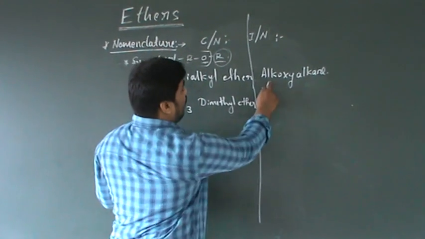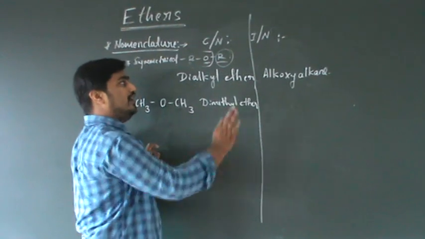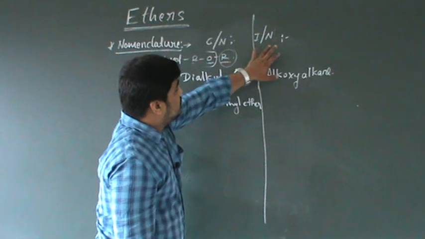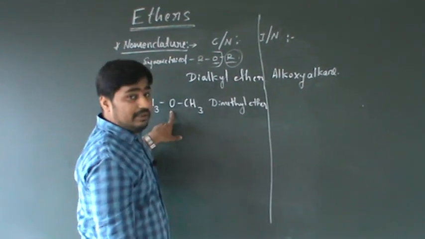Next, alkoxy alkane is the IUPAC way of naming the symmetrical ether.